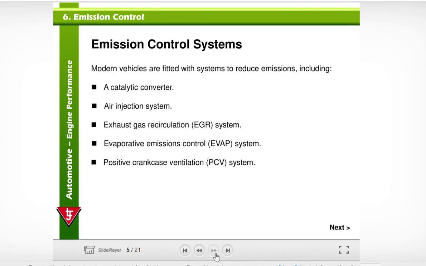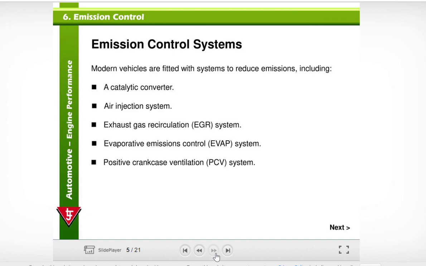Now we have several emission control systems that are used in modern vehicles. You realize that the modern engine keeps on improving rapidly with technology, and as far as engine management systems are concerned, the main drive of these improvements is to reduce emissions.